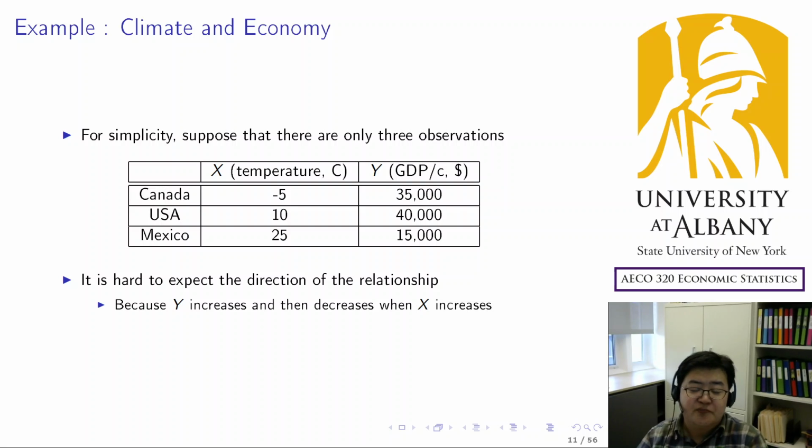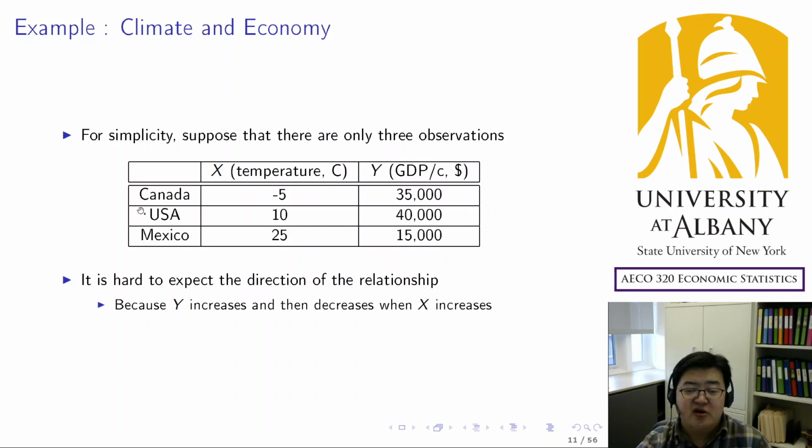But for now, for practice, I will simply take 3 countries from the data and just assume that we only have 3 observations, and we would like to calculate the covariance based only on these 3 countries, as if it's all the observations we have.